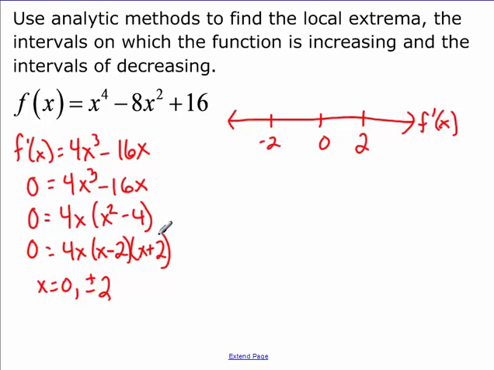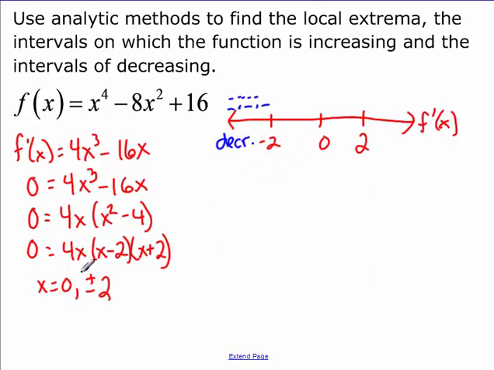Honestly, it doesn't even matter the value. So what you want to look at, if I plug in negative 3 for that first one, I'd have a negative. For the next one, I would have another negative. And then I would have times by another negative. So I'd have a negative times a negative, which is a positive, times by a negative. So I'm negative, which means our function is decreasing.